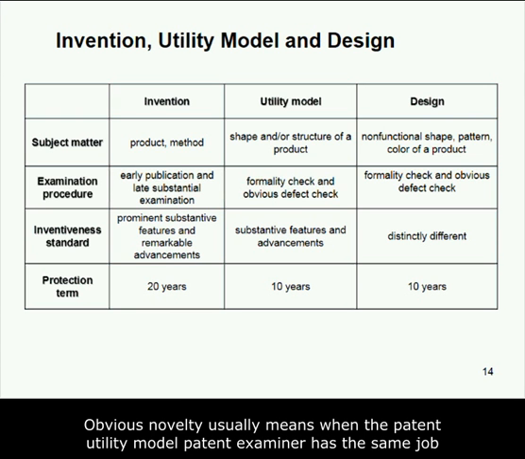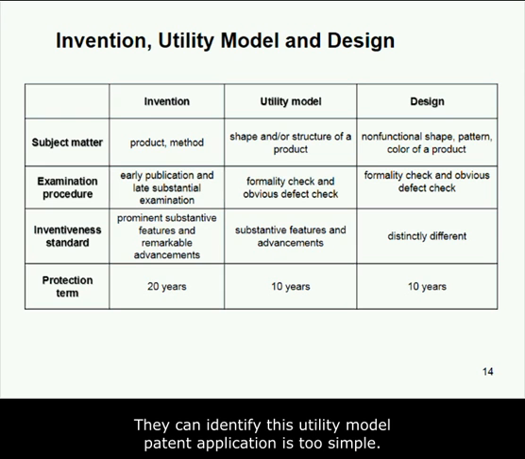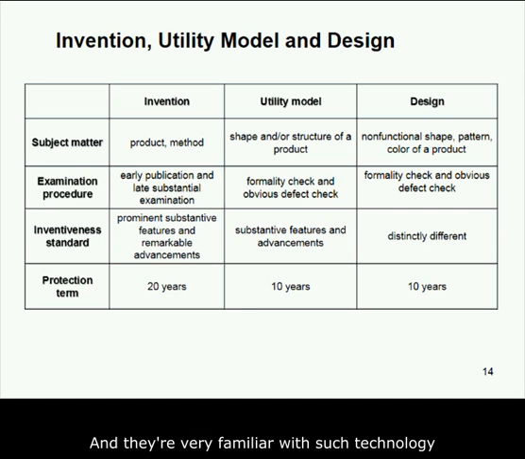Obvious novelty usually means when the utility model patent examiner sees your utility model patent application, they can identify that this application is too simple, and they are very familiar with such technology.